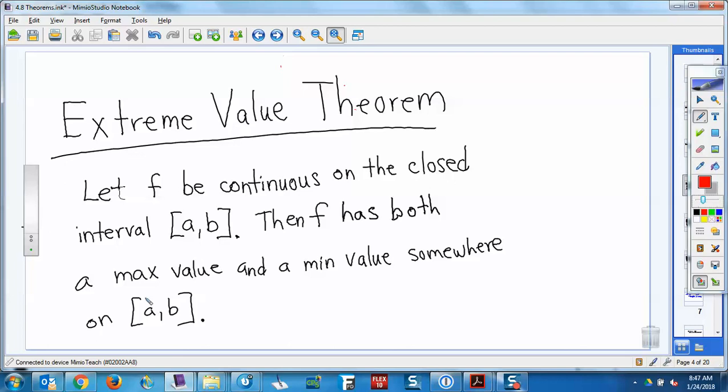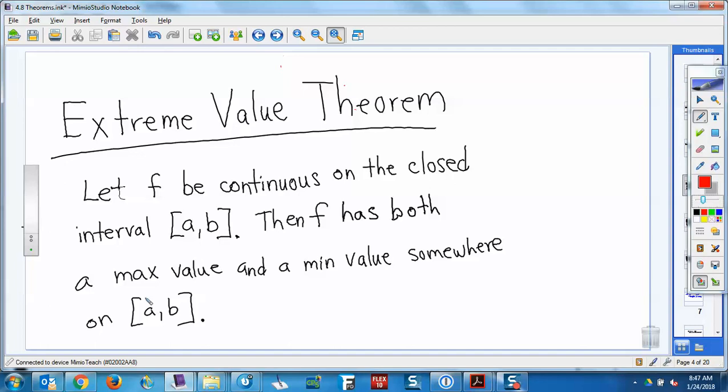But the extreme value theorem says, let f be continuous on the closed interval AB. Then f has both a max value and a min value somewhere on the closed interval AB. That's it. Sometimes this is worded with an if-then.